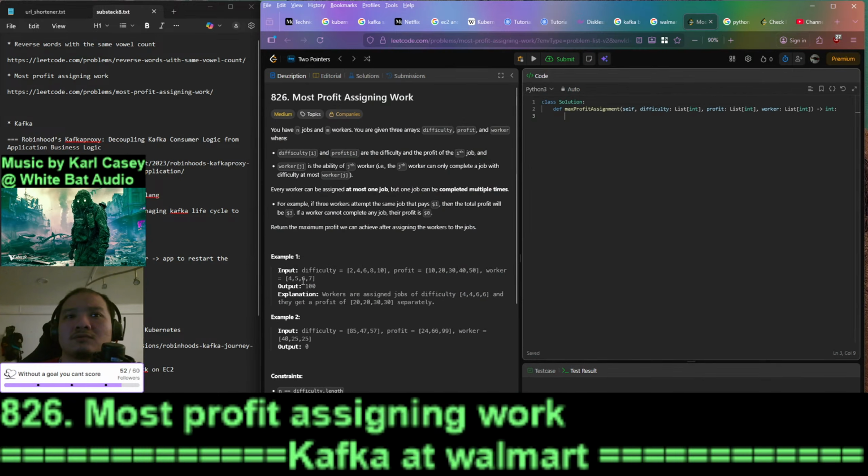So the approach will be, for each of these workers we find the maximum difficulty we can do, and out of these we're going to find the max. So these are linked together, right?